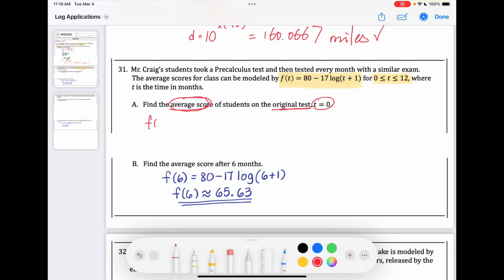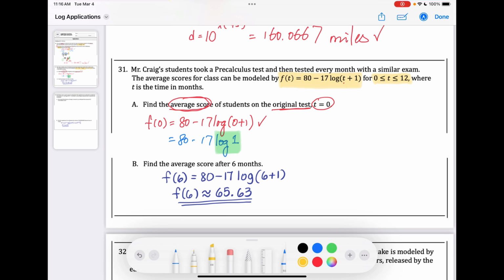We say that a function is a bucket. At this moment, I'm going to plug in 0. So I get 80 minus 17 log of t plus 1, which is 0 plus 1. Now housekeeping. We get 80 minus 17 log base 10 of 1. What do we notice?